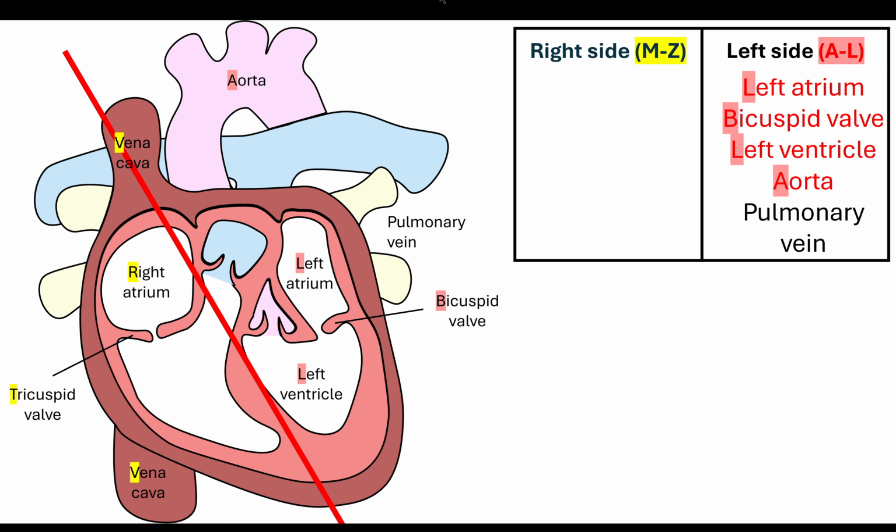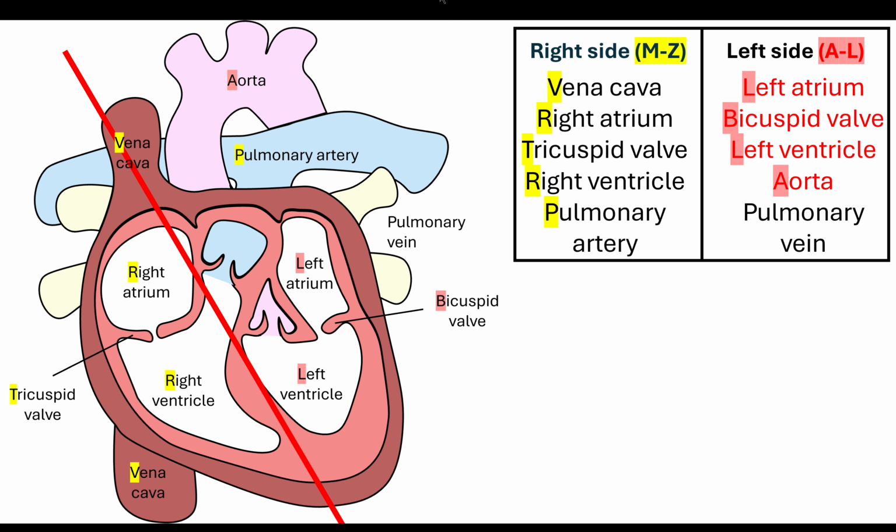The blood will then flow through the tricuspid valve down into the right ventricle and then out through the pulmonary artery. So as you can see, when you look at the alphabet, the vena cava, the right atrium, the tricuspid valve, tri meaning three parts of the valve, the right ventricle and the pulmonary artery. They all sit in my alphabet from M to Z.